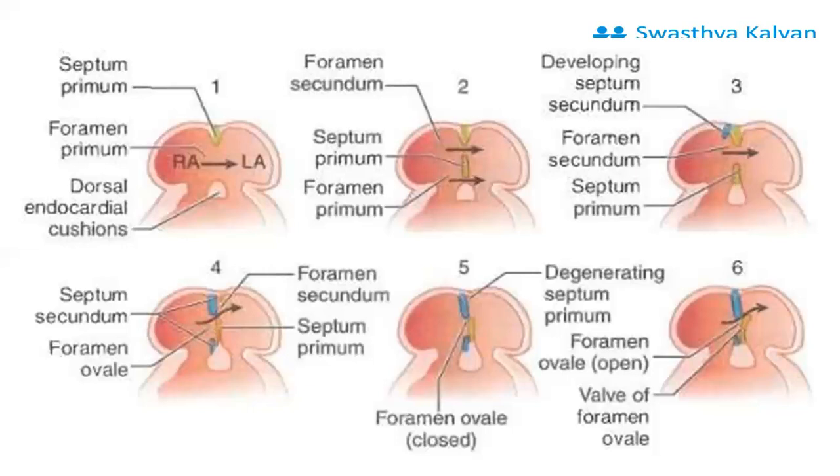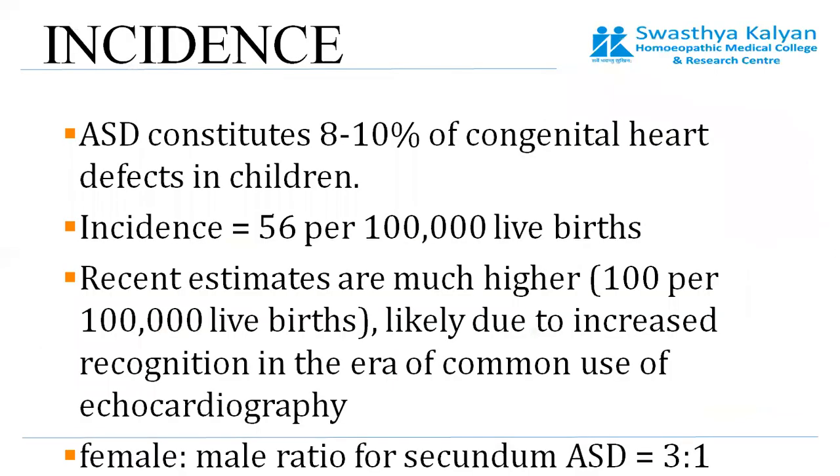So we need the oxygenated blood, which is actually not from the whole body, it's coming from the umbilical artery. It carries the blood directly to the left side so that it can move on to the other parts of the body. So this is the development of the septum, and any defect in this development may lead to atrial septal defect.